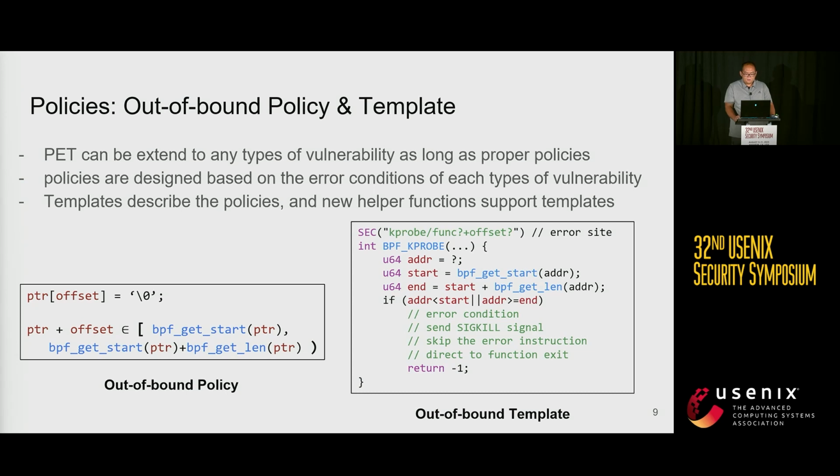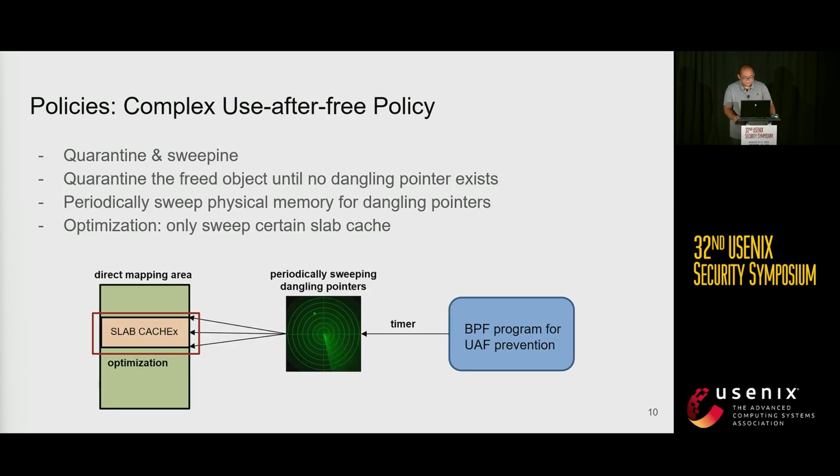So to help obtain the range, on the right, PAD provides get buffer start and length BPF helper functions used in the template for automatic generation. And the policy can be extended to other types of vulnerabilities, such as integer overflow and data race. The rest can be found in the paper.